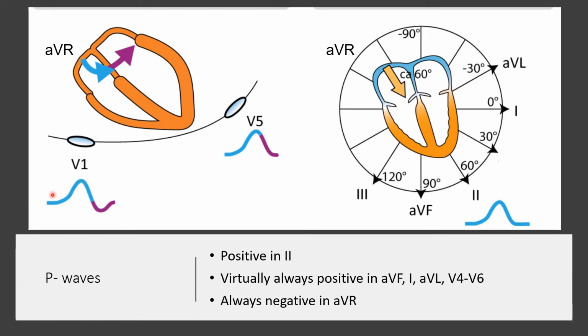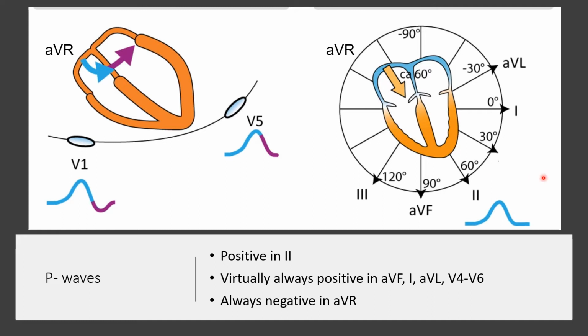The second part of the atrial depolarization is the left atrial depolarization, where the depolarization moves away from V1, and therefore you will see a negative waveform of the P wave in V1, which is denoted by this purple part of the P wave. So in V1, the right atrial and left atrial depolarization causes a biphasic P wave.